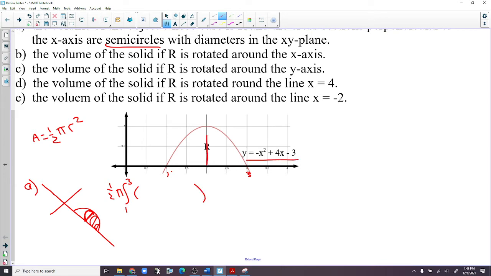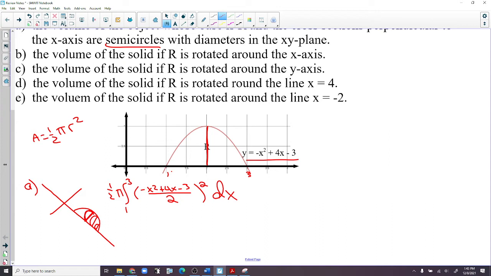Here's the diameter, so that'd be the function value, and then divide that by 2. So negative x squared plus 4x minus 3, divided by 2, squared. There's the radius squared. Any questions on that one?